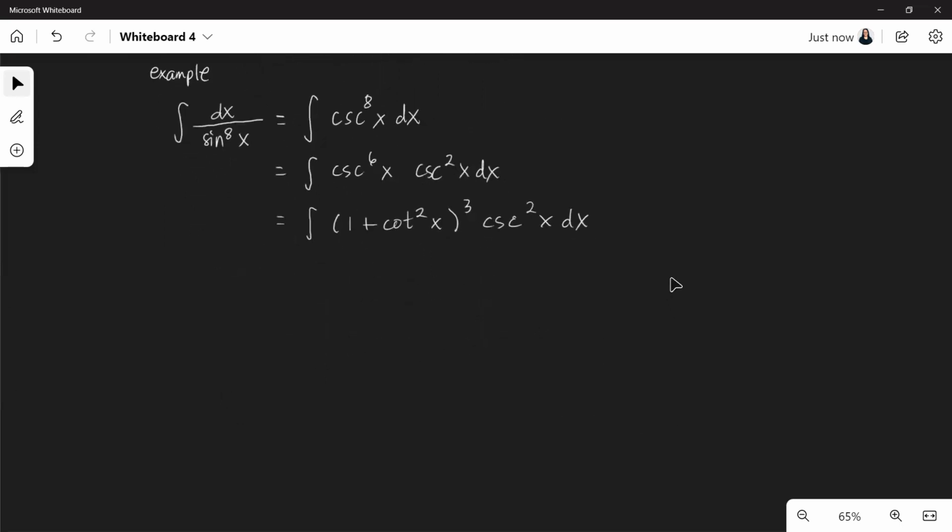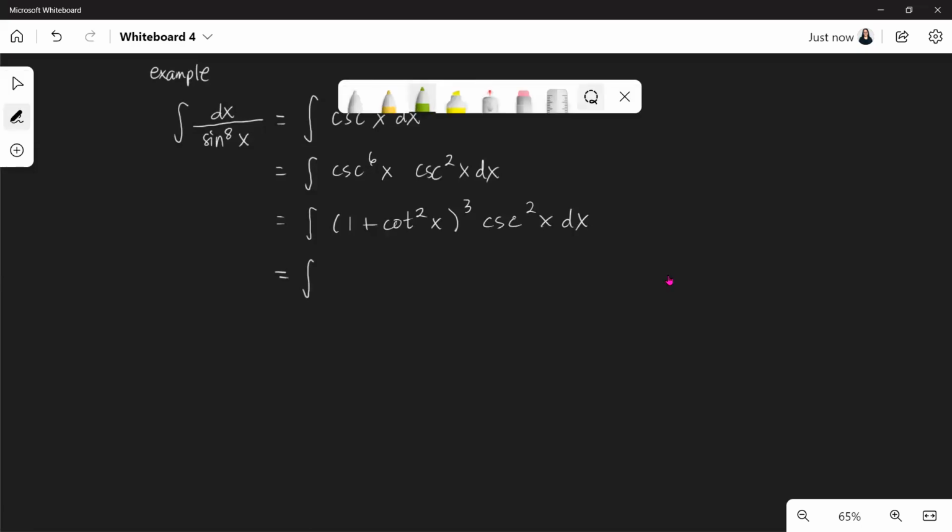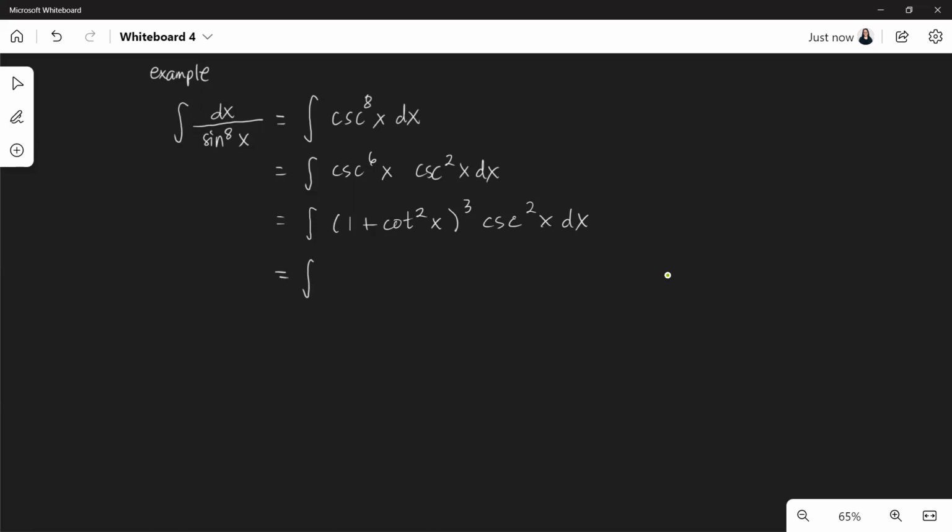So we expand the binomial. Recall the special product formulas: if we have u plus v quantity cubed, that's u cubed plus 3u squared v plus 3u v squared, then plus v cubed.